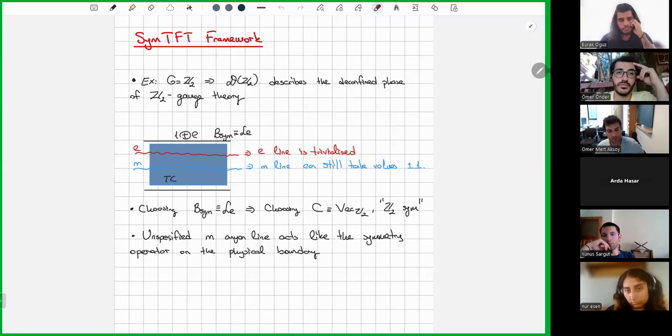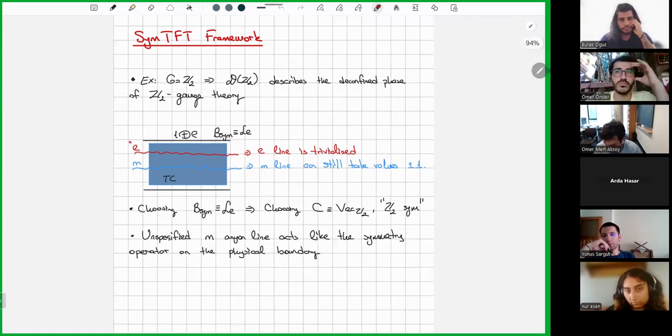When you impose periodic boundary conditions, so there's a non-contractible cycle, there are these extended loop operators, the E loop and the M loop operator, that commute with everything in the Hamiltonian. But since I condensed E anyons on the top, I can take such an E loop, push it to the boundary, and trivialize it. That's the meaning of condensing the E anyons.